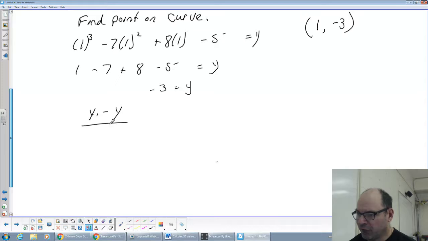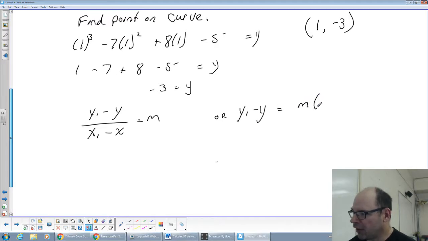If you rearrange that so that you're cross-multiplying, you can write it like y1 minus y equals m times x1 minus x. And the ones represent this point. Slope represents the negative 3.